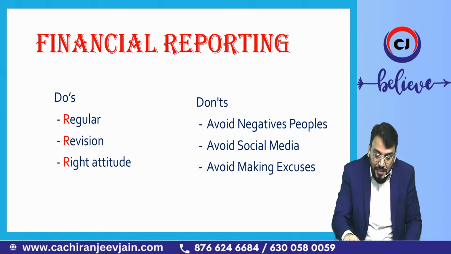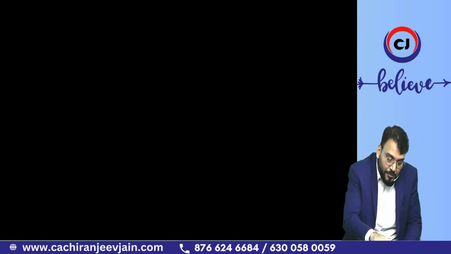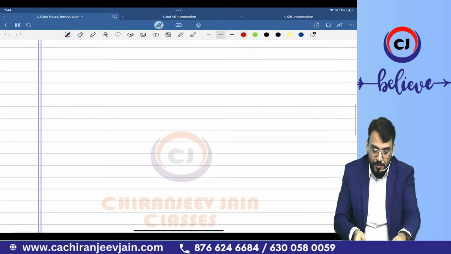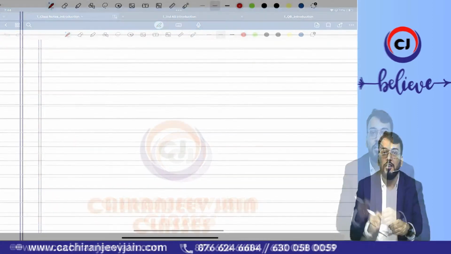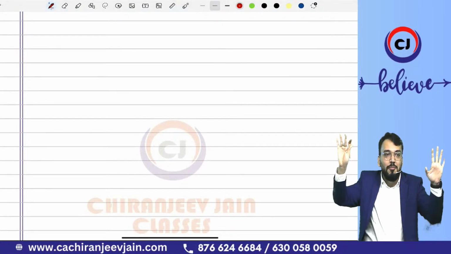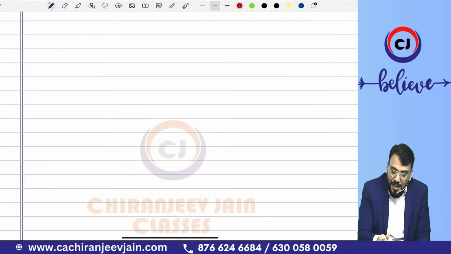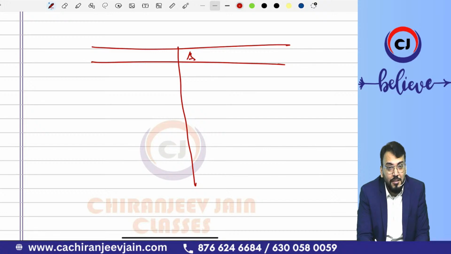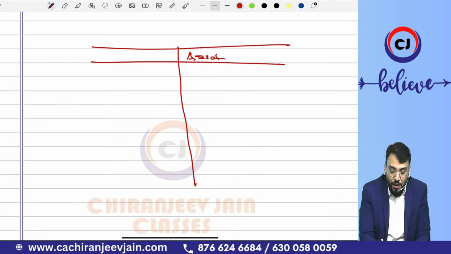They start the class this way: suppose you need to prepare a balance sheet, then a T-account, balance sheet. Here we write all assets, here we write all liabilities.